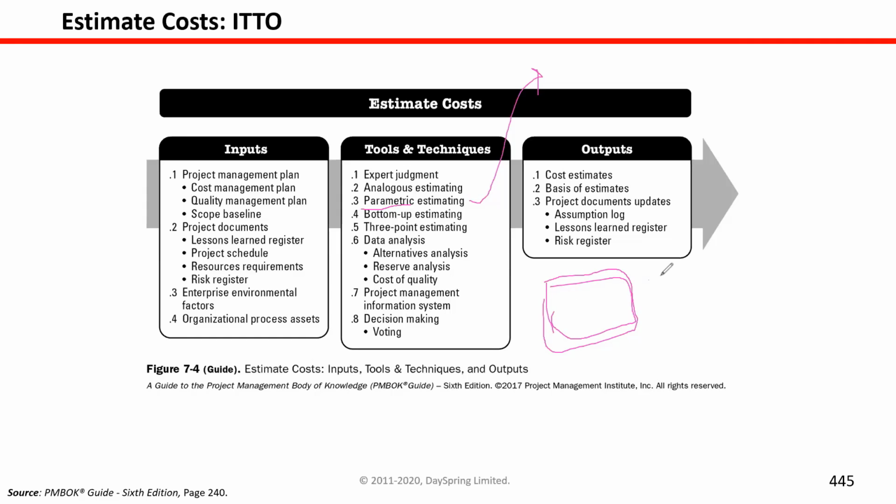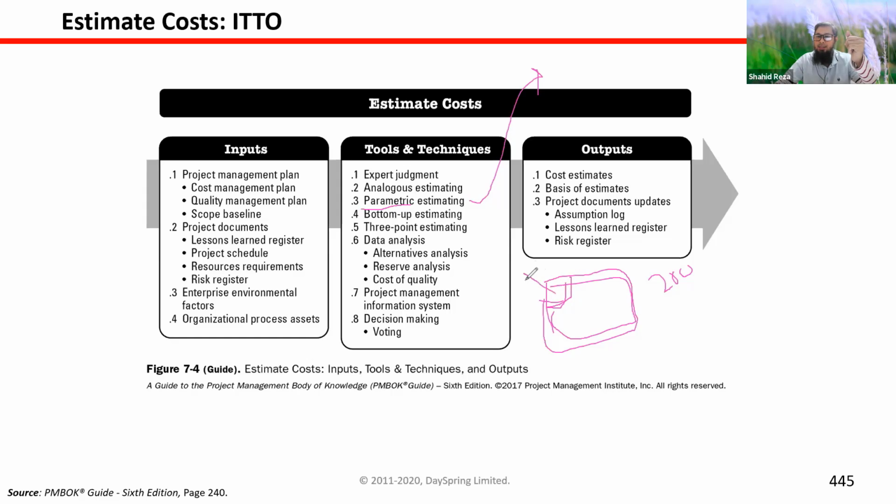Yeah. So for a 200 square feet floor, if you want to put new tiles here, and one square foot takes say $10, how much money does the 200 square feet floor need? So easily you can calculate from here.